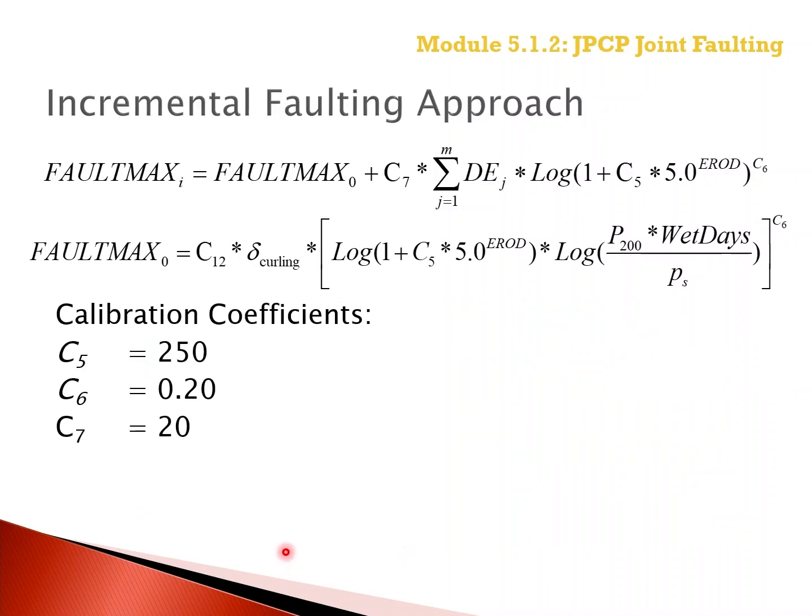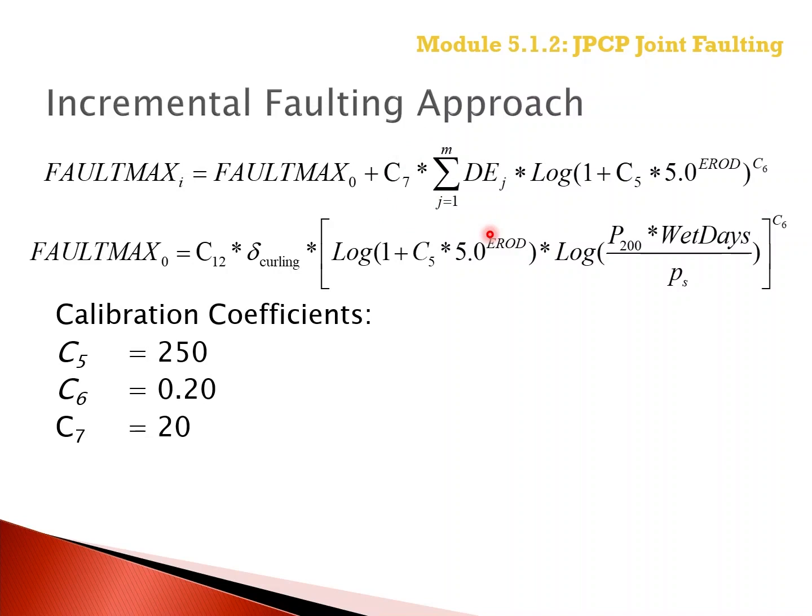The calibration coefficients for the incremental faulting approach are designated on this slide. The value of C5, the calibration coefficient, is 250. The value for C6, the calibration coefficient, is 0.2, and the value of C7, the calibration coefficient, is 20.